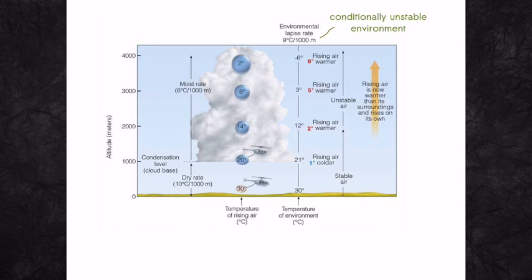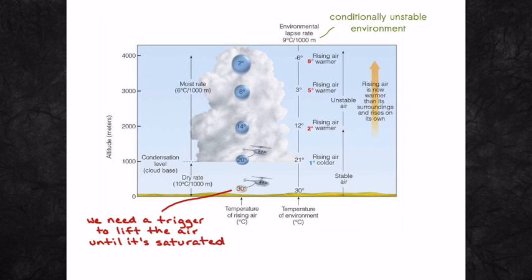Conditionally unstable, meaning that dry air, again, doesn't want to rise, but the cloudy air will. So the way this works then is if you have dry air below cloud base, you're going to have some mechanism to lift it up because it doesn't want to rise. So that's our trigger mechanism. So we need some trigger to lift the air until it's saturated and becomes part of the cloud.